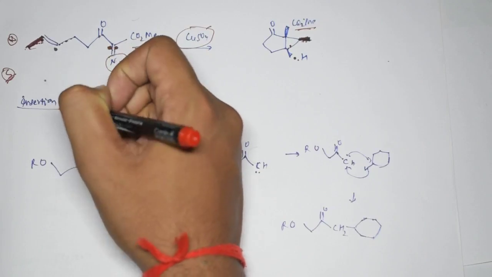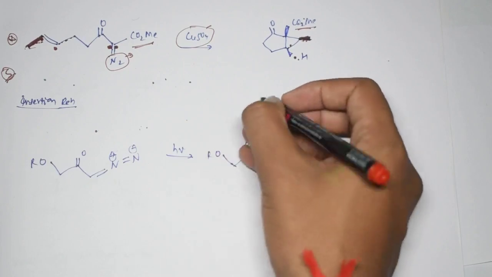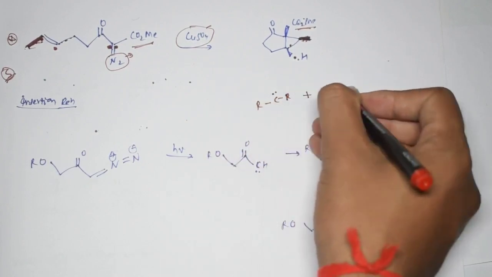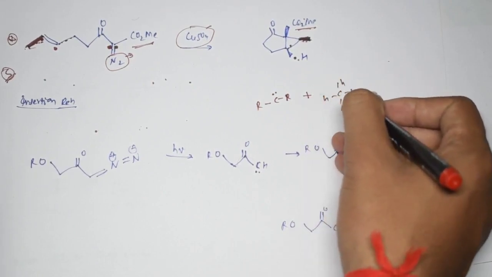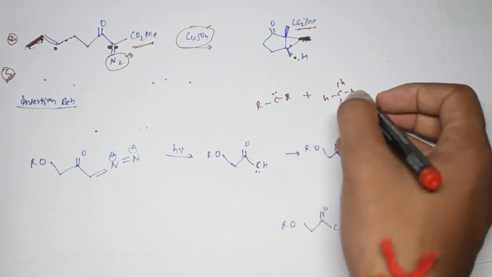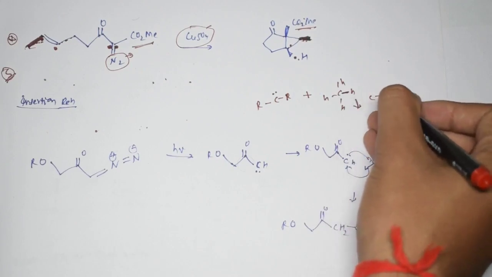Now let's take an example of the insertion reaction, since a carbene can also go through an insertion reaction. Let's see how. Suppose we have R, here we have this C, and here again we have this R, right? If I take methane as the example, the carbene can be inserted between this carbon and hydrogen.